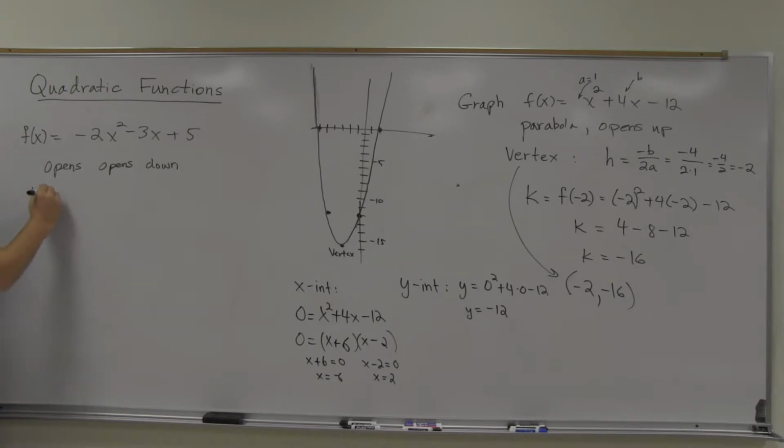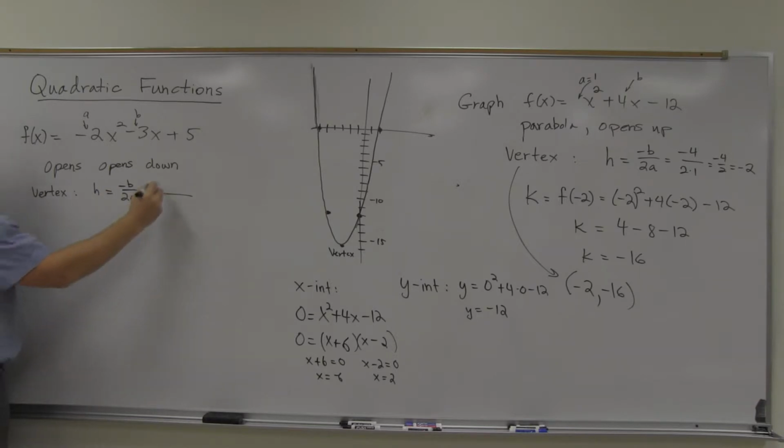Our vertex, we're going to use our vertex formula, h equals -b over 2a. So again, a is -2, b is -3, so negative b would be +3.